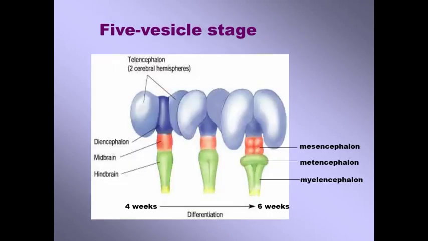The 5 vesicle stage starts. This is the telencephalon, which starts segmentation to form 2 cerebral hemispheres. After this, behind comes the midbrain or mesencephalon, and at this side forms the metencephalon, while the hindbrain forms the myelencephalon. This occurs at 4 to 6 weeks, while between the 2 cerebral hemispheres there is what we call the diencephalon, a midline structure.